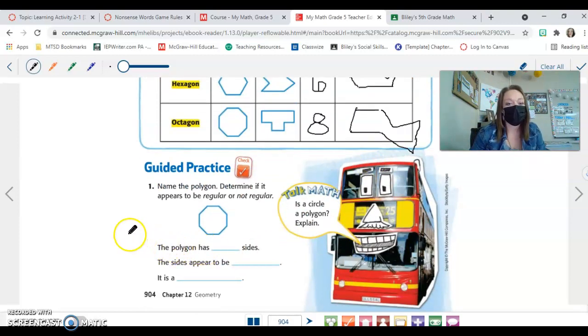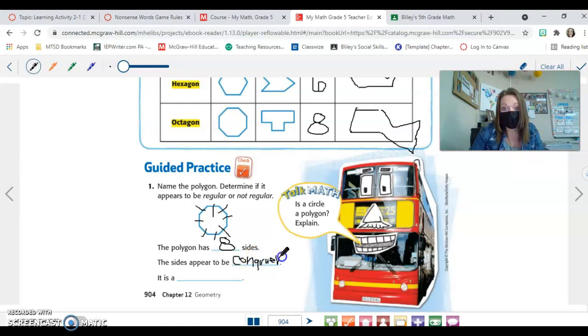Guided practice, it says name the polygon, determine if it appears to be regular or not regular. So right here we have an octagon that kind of looks like a stop sign, right? Let's count how many sides it has. 1, 2, 3, 4, 5, 6, 7, 8. We can write 8 sides. The sides appear to be congruent. We can write congruent. You can write con if that makes it easier for you.